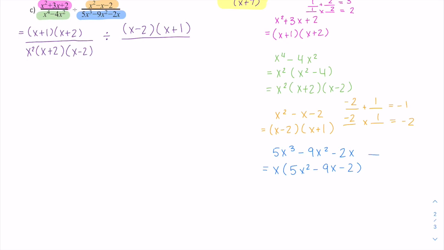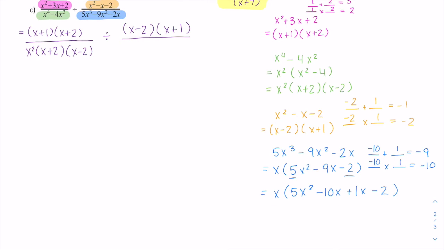So we need two numbers that add to the middle number and two numbers that multiply to 5 multiplied by negative 2, which is negative 10. So in this case, that would be negative 10 and 1. So now, instead of writing that negative 9x, we're going to use negative 10 and 1.